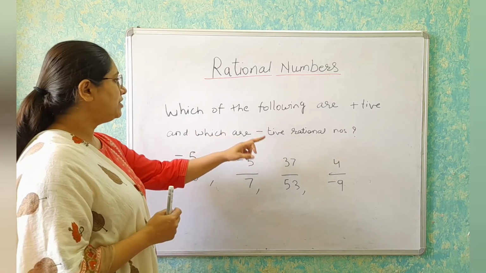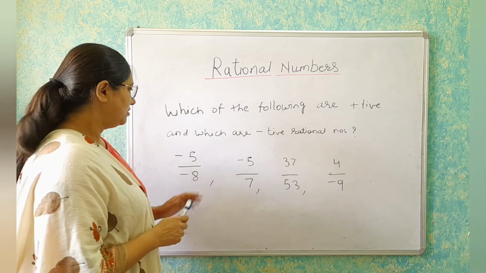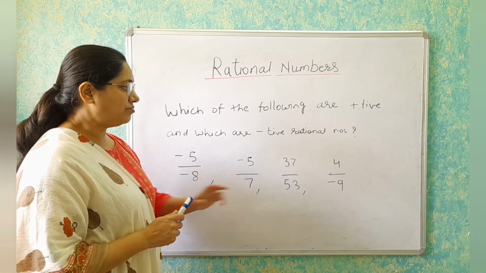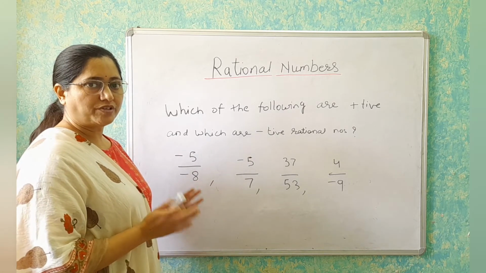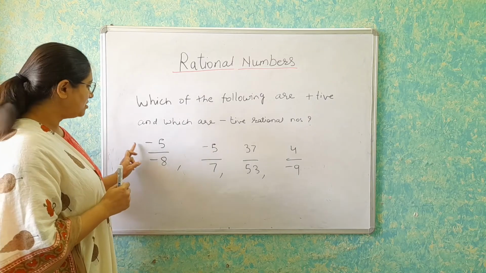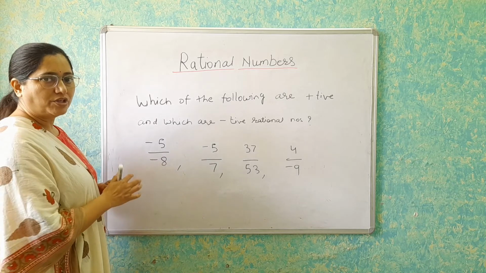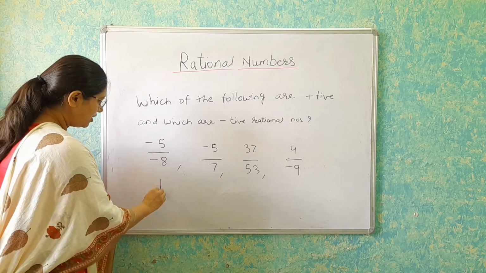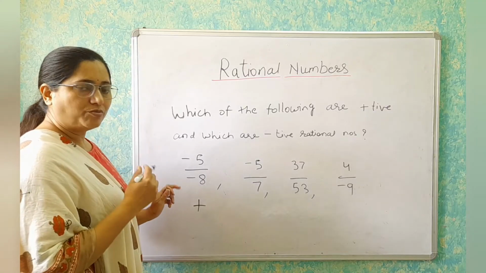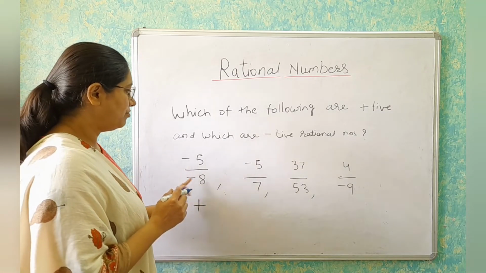Which of the following are positive and which are negative rational numbers? See, these are a few rational numbers and we have to find out which one is positive and which one is negative. First one, in this rational number, numerator and denominator both are negative. So it is a positive rational number because both the negative signs cancel each other and it becomes positive.